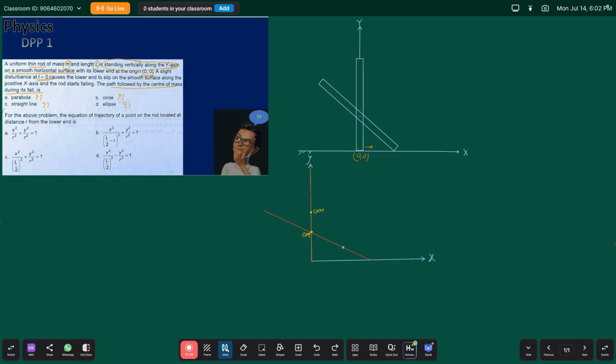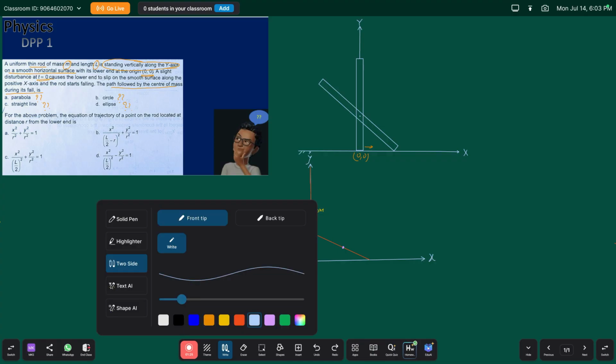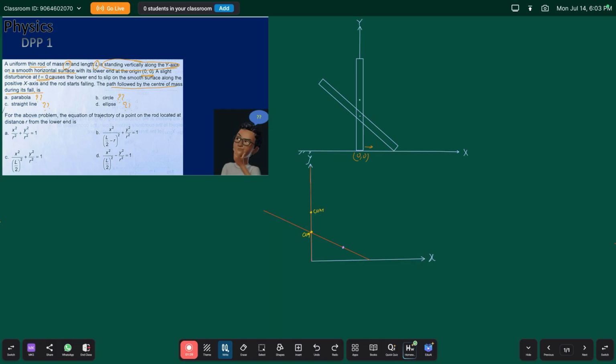So what is happening here? If you see, suppose this is the center of mass of the thin rod, and initially it was standing like this.